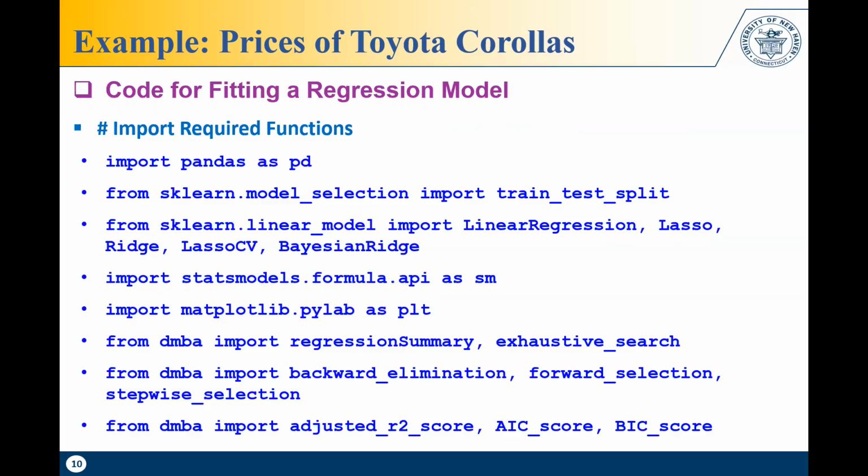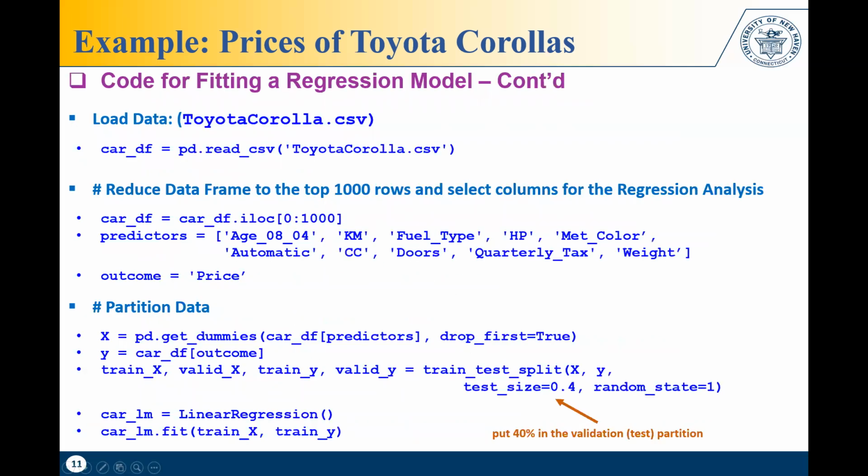Before starting to write the code for fitting a regression model, first we need to import some required functions. And here are those required functions. Now we need to load the data, and then we need to reduce the data frame to the top 1,000 rows and only selected columns for the regression analysis.